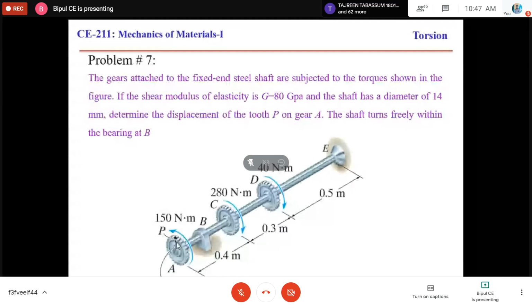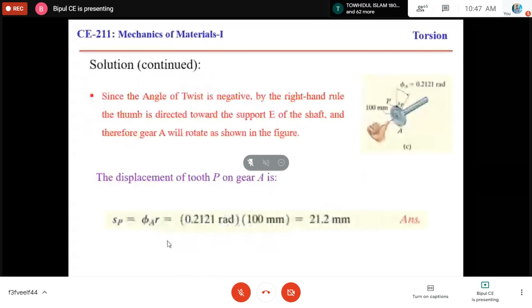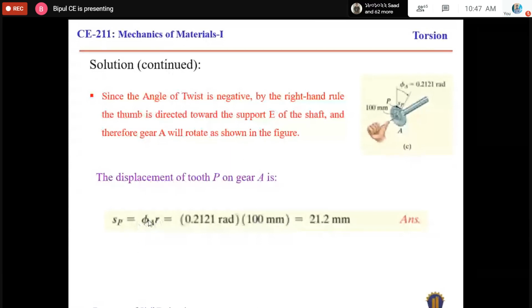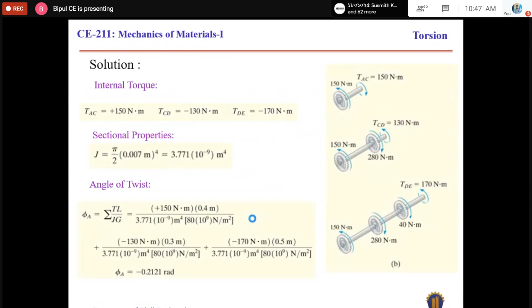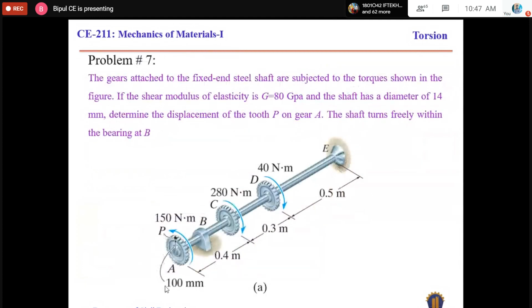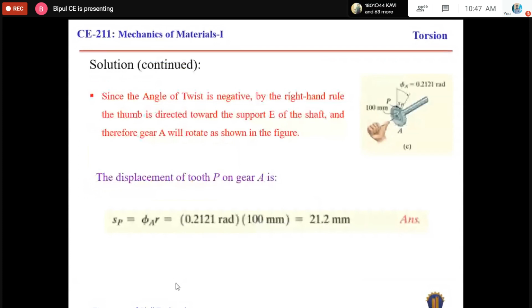Okay, the displacement is rho theta. This one is the angular displacement, and rho is the distance from the origin to the point. So the total displacement of that point will be this one. 100 is the radius of the gear. I think, yeah, the radius of the gear is 100 millimeter. It is given.